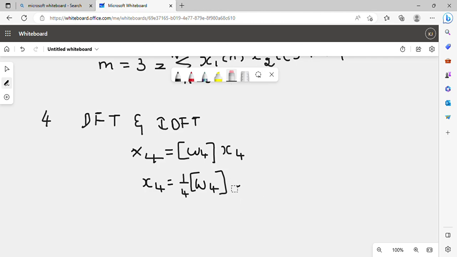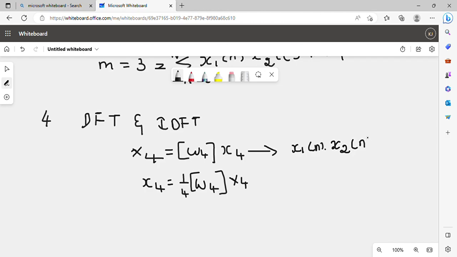So you are going to substitute for these two formulas. Very first thing, you use this formula and substitute for the given sequences, x1 of n and x2 of n. There are two sequences given to you, and for those two sequences you substitute the values.